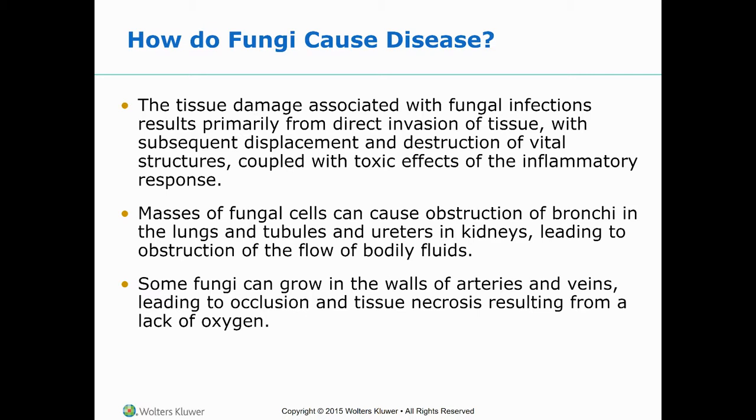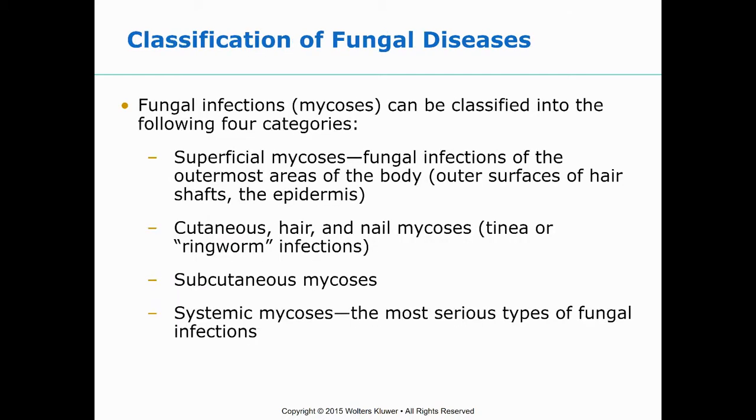They can also cause obstructions if there are too many of the fungi. This includes your lungs, tubules, uterus, kidneys, and bronchi in the lungs. Any type of obstruction of flow of bodily fluids. In addition, the fungi can grow within the walls of the arteries and veins, and this leads to necrosis, which is essentially a lack of oxygen to different tissues because the blood cannot get to where it needs to get, and the blood carries oxygen.